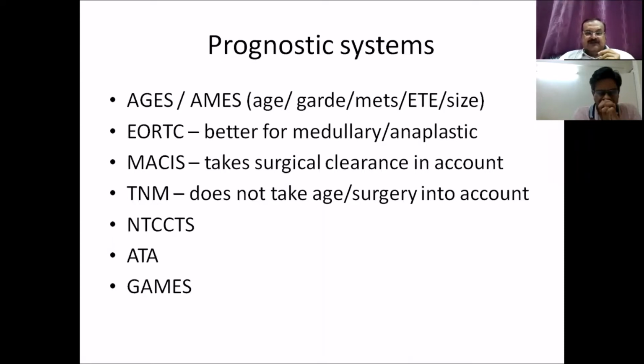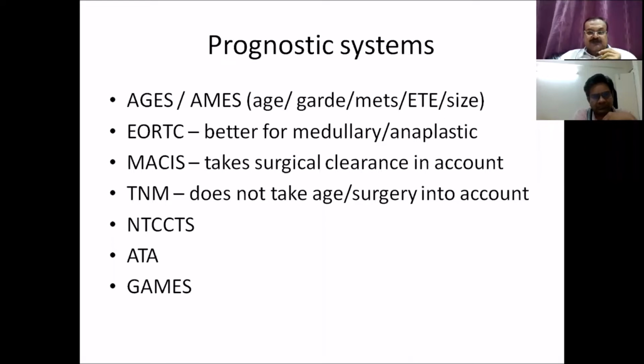MACIS is the one used in most cancer centers because it takes surgical clearance into account. TNM is another one which is used, but unfortunately TNM does not take age or surgery into account. And it is said that age is the most important prognostic criterion in this.